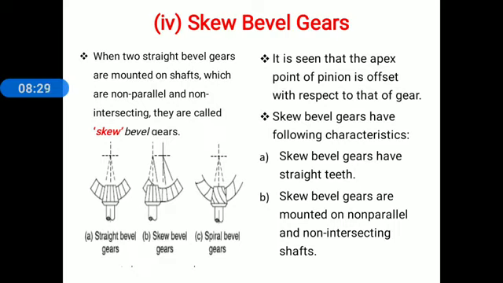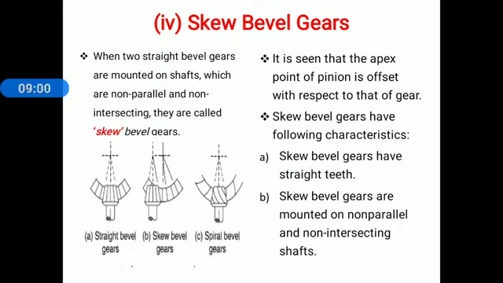When 2 straight bevel gears are mounted on shafts which are non-parallel and non-intersecting, they are called skew bevel gears. Okay, observe sketch B. It is seen that the apex point of a pinion is offset with respect to that of a gear. Remember, apex point of pinion is offset with respect to that of a gear.